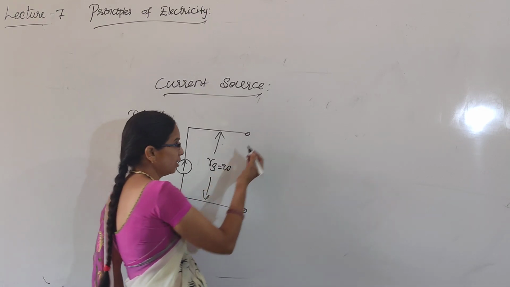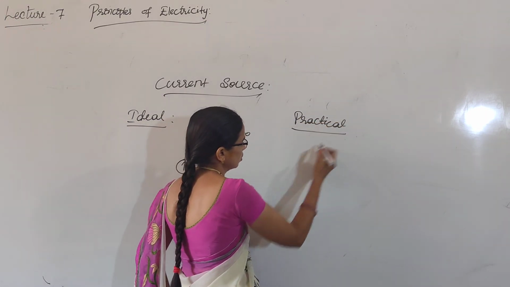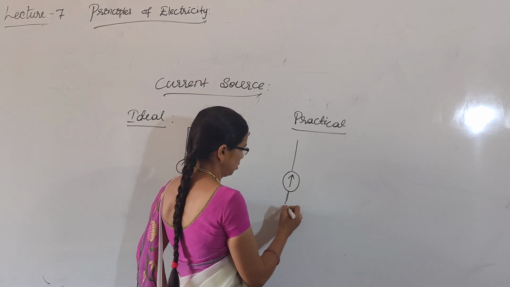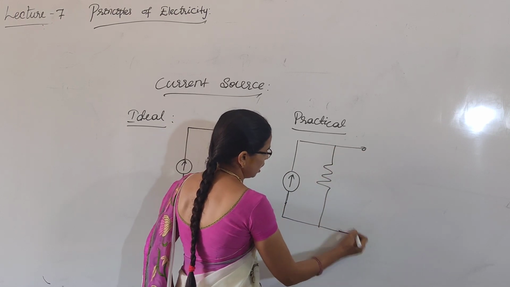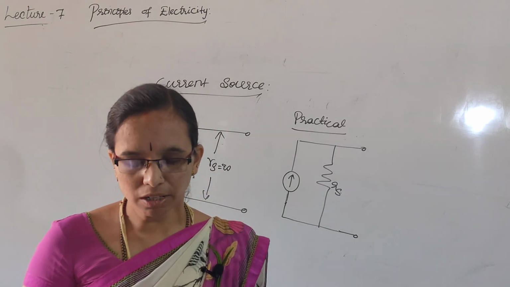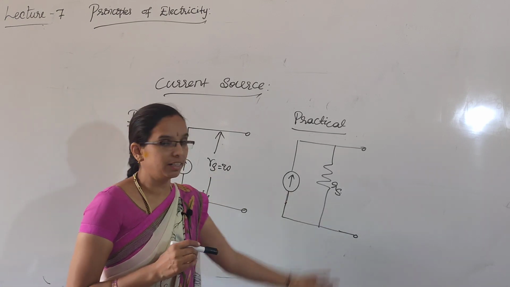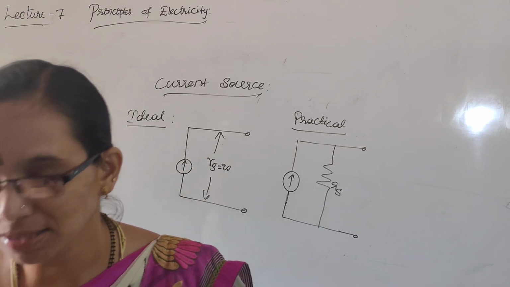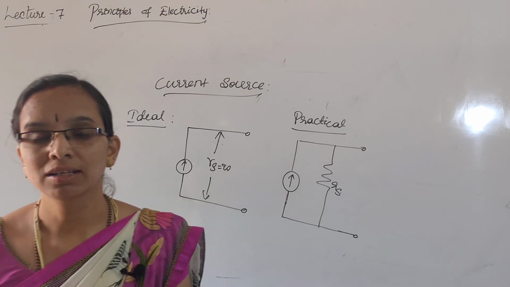In a practical current source, there will be an RS you can expect, which is connected. Observe, in a current source, the internal resistance is connected in parallel. How and what, we will discuss in the next class. If you have any doubts, please text me.